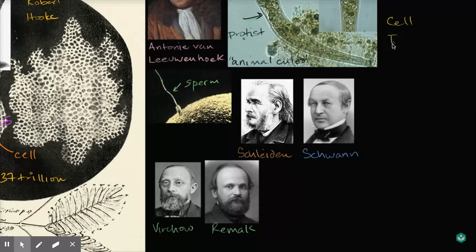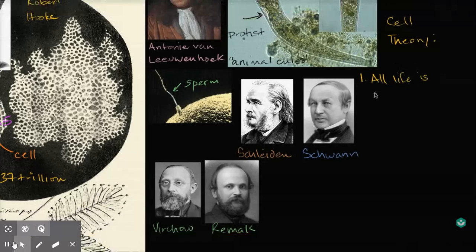So modern cell theory, using their observations and what they were able to deduce, they said, hey, maybe all living things, all life is composed of one or more cells.